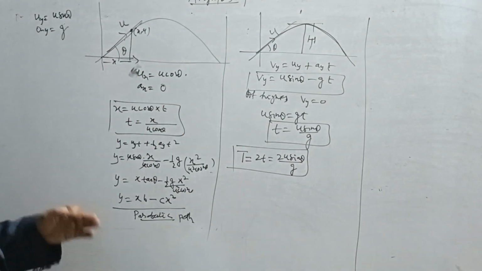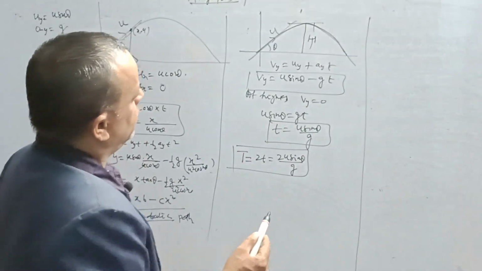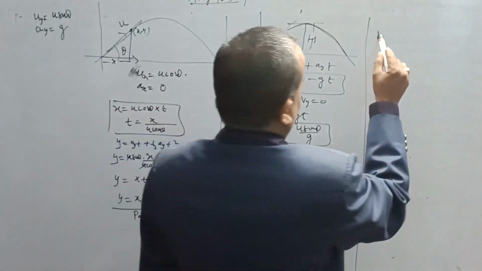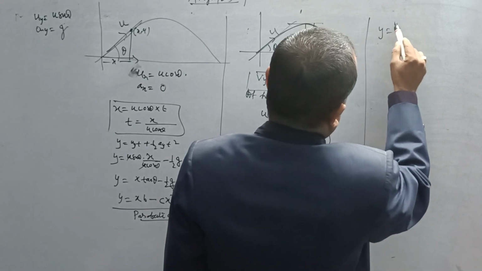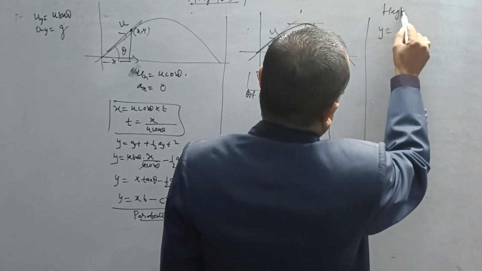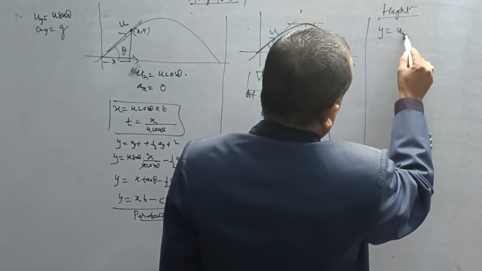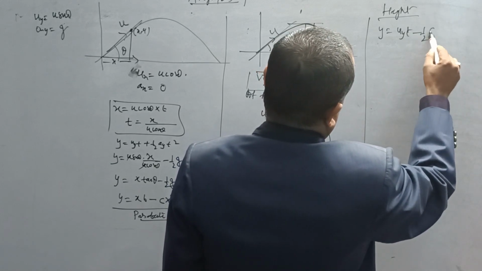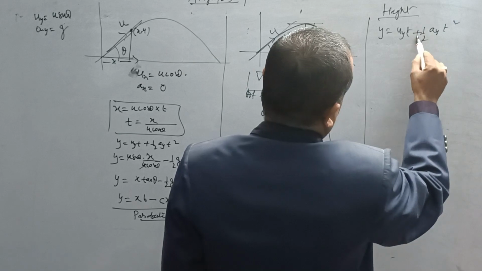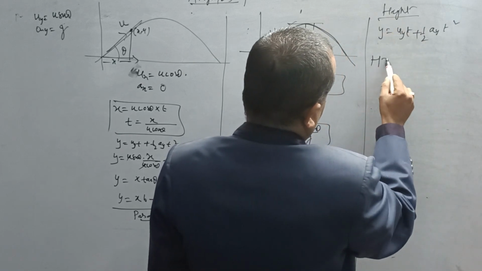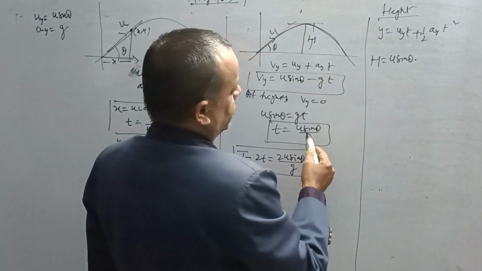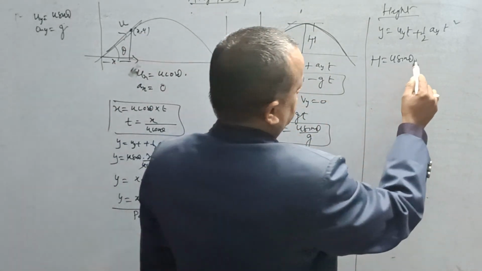Now we will go for the height of the projectile. How to get that? Height is basically the distance moved along the y-axis. This is the height. It is y, which is uy t minus half ay t square. We can write plus, since it's going upward, it doesn't matter, we'll be able to calculate that out. T is how much? To reach the highest point we have u sin theta by g.